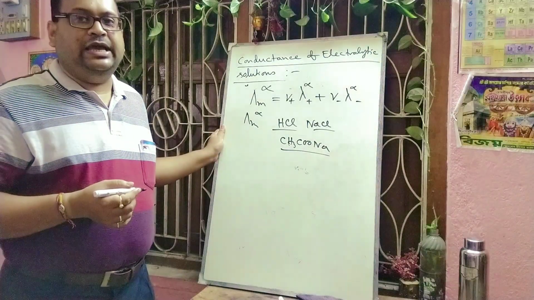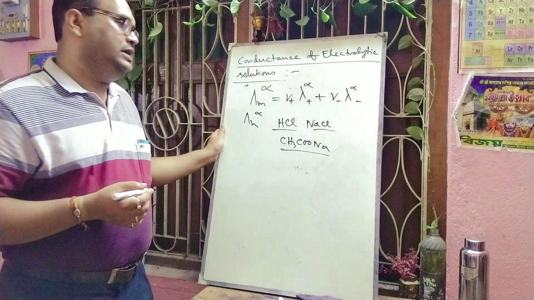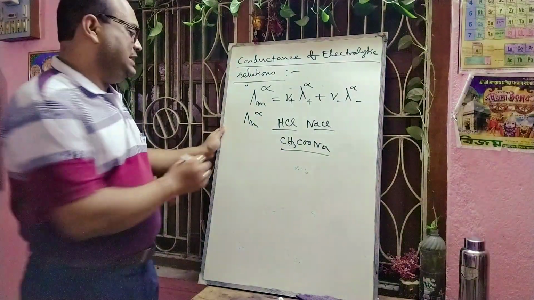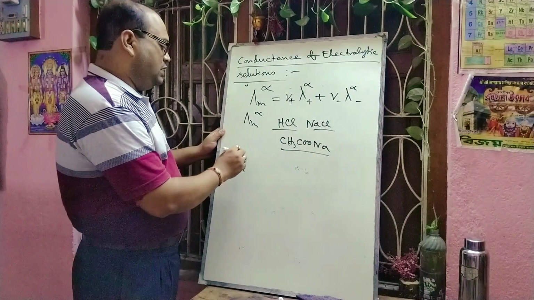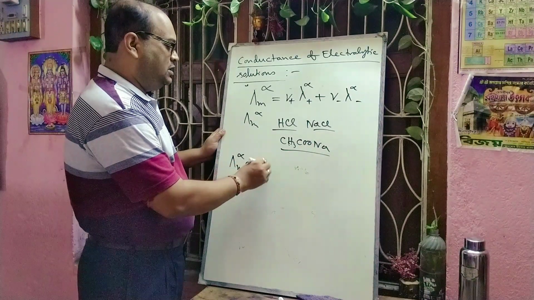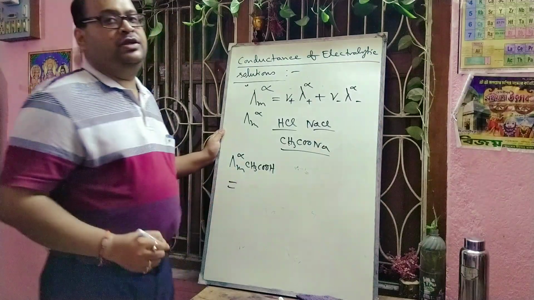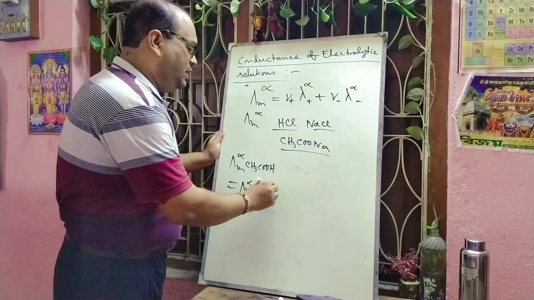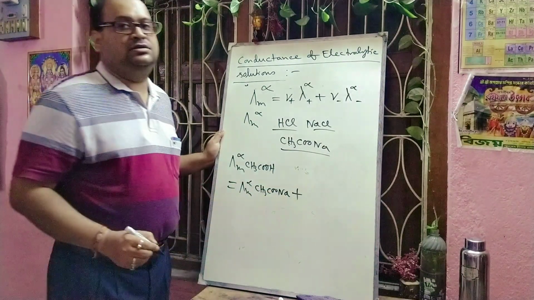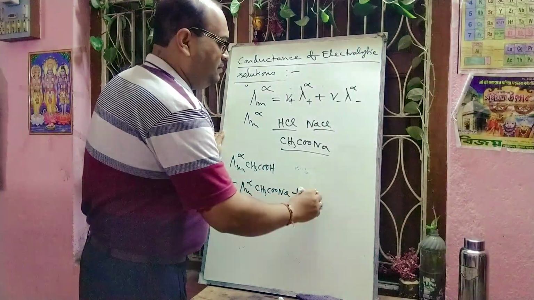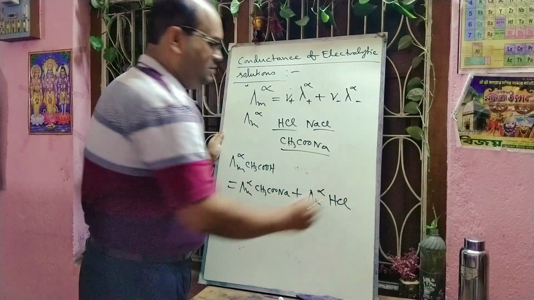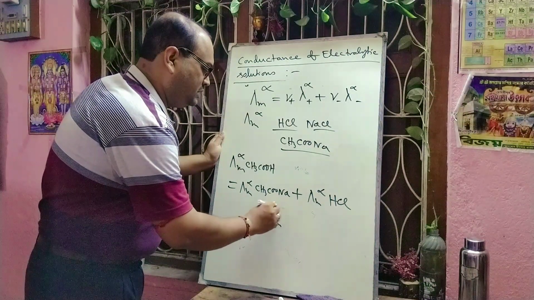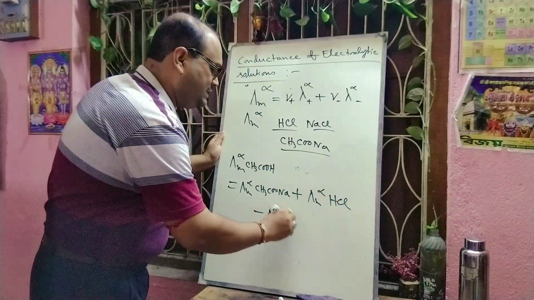Now by using the Kohlrausch law, we can easily calculate the Λm∞ value of weak electrolyte like acetic acid. So what will be the value? Λm∞ of CH3COOH will be equal to Λm∞ of CH3COONa plus Λm∞ of HCl minus Λm∞ of NaCl.